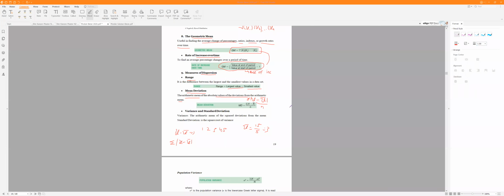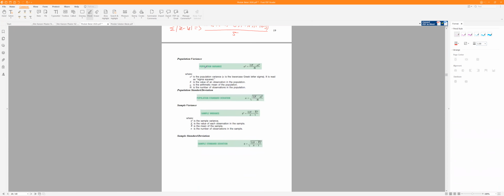All right, sorry for the pause. So how do we find the sum of x minus x bar? This should be simple. So 1 minus 3, 3 being the mean, right? Plus 2 minus 3, plus 3 minus 3, plus 4 minus 3, plus 5 minus 3, okay? And then to find the MD, just divide this all by 5 because there are 5 data points here, right?